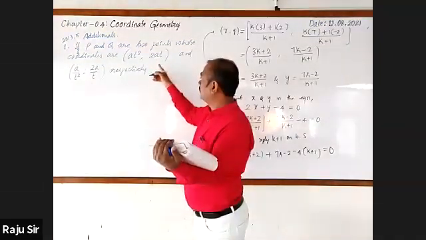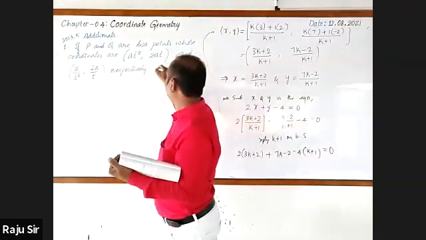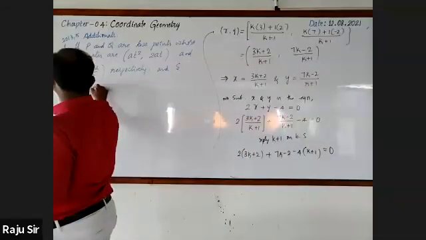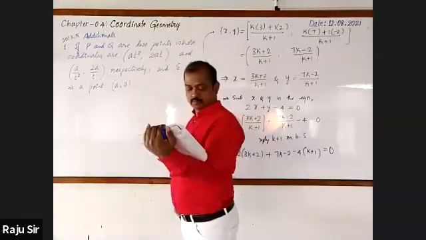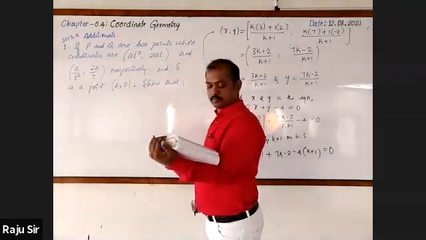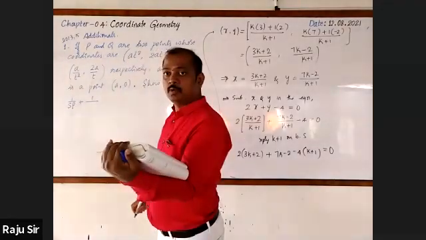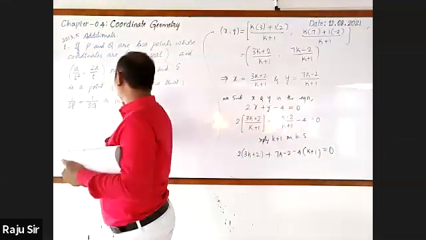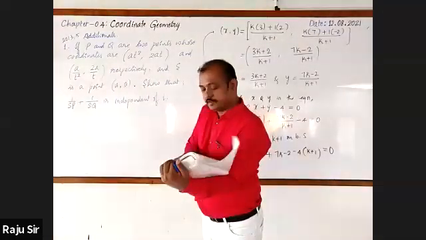And S is a point, a comma 0. Show that 1 by SP plus 1 by SQ is independent of t.